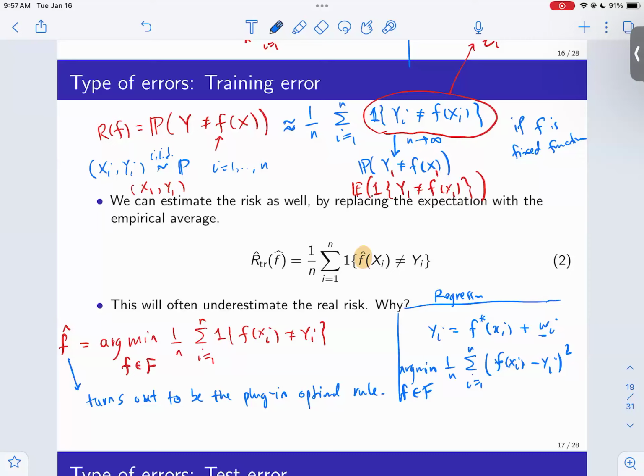But then you have this, and this often underestimates. So what is the solution then? What is our solution? Is there a way to evaluate this risk, the population risk, that's more neutral, let's say, unbiased?